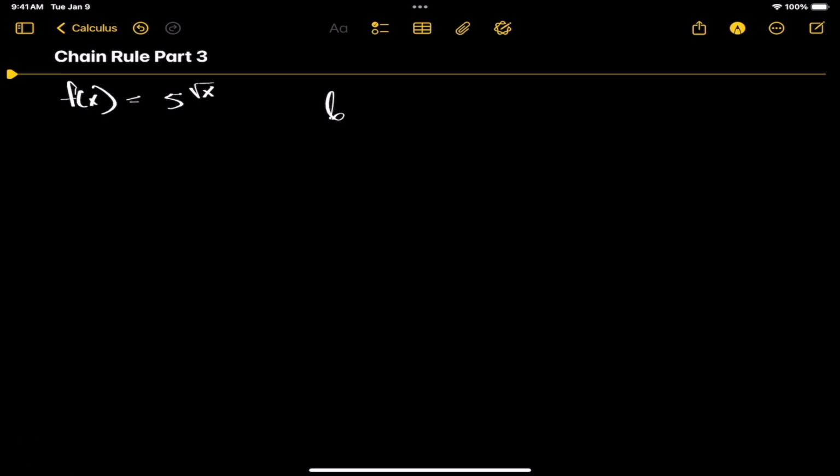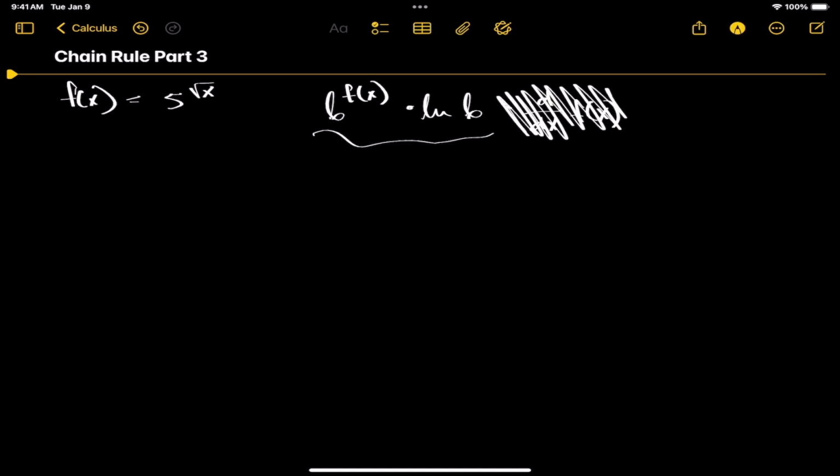So we're going to have b, which is the constant, to the power of a function f of x, times ln b times the derivative of that function. A lot of times you might not see this part in a book. You might just see this part here.